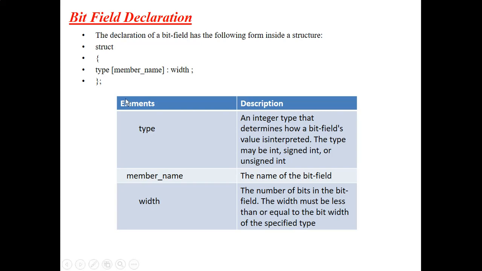Next, the type specifies an integer type and determines how a bit field value is interpreted. The type may be signed int or unsigned int. Next, the member is the name of the bitfield.